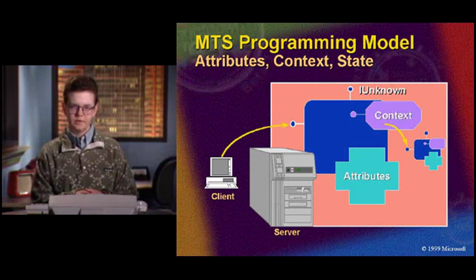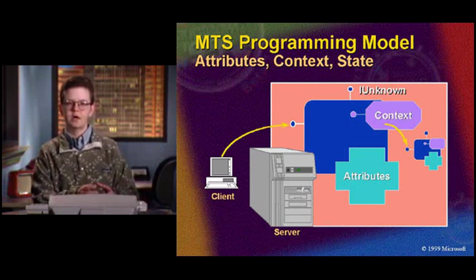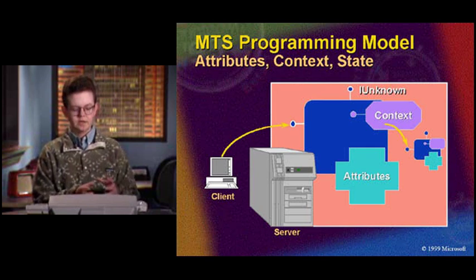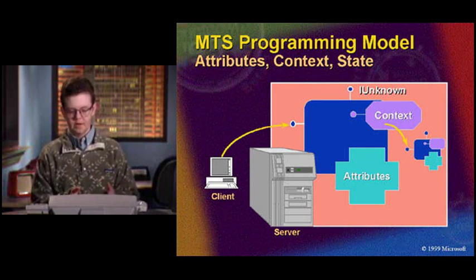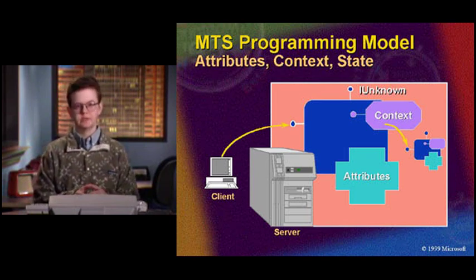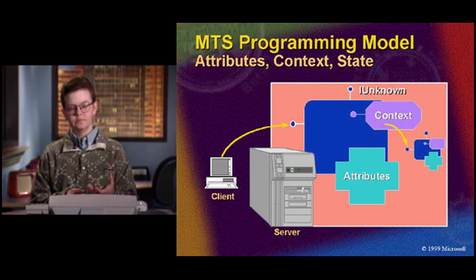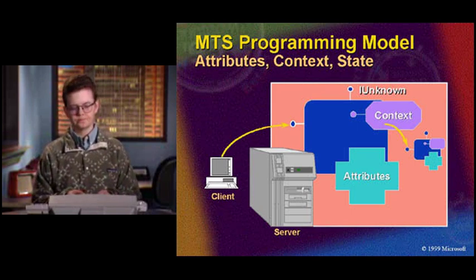Based on that information and some information about the client machine, we create a context that the objects are going to operate in. What this context provides is basically a nice safe environment for your object. It provides information about what transaction you're currently part of, what your security context is, and other things that the operating system and the MTS environment needs to know in order to make sure that services are applied to the object correctly.